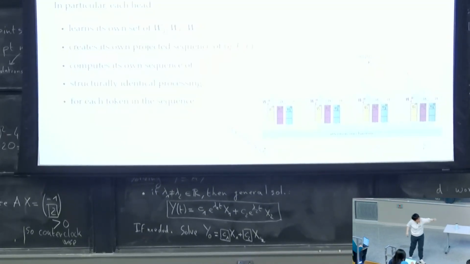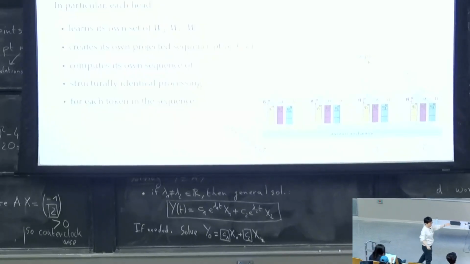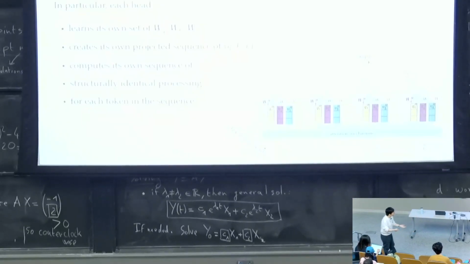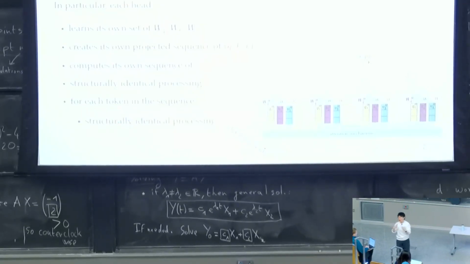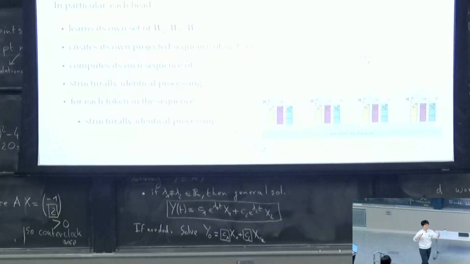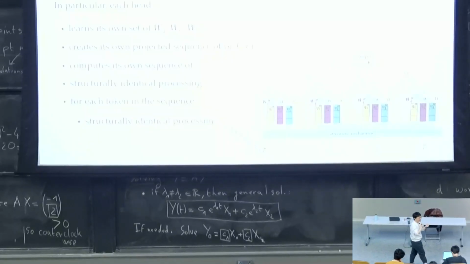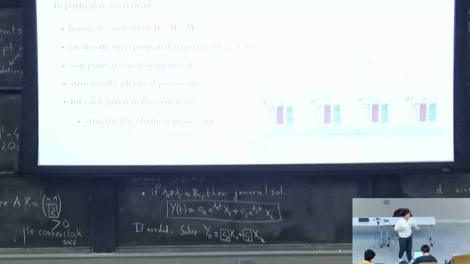So along the tokens or sequence direction, it's also parallel and structurally identical processing for each token. So altogether, this is just a big parallel processing machine, right? Of course, the parallelism is just in terms of processing. It's not that everyone is its own machine.